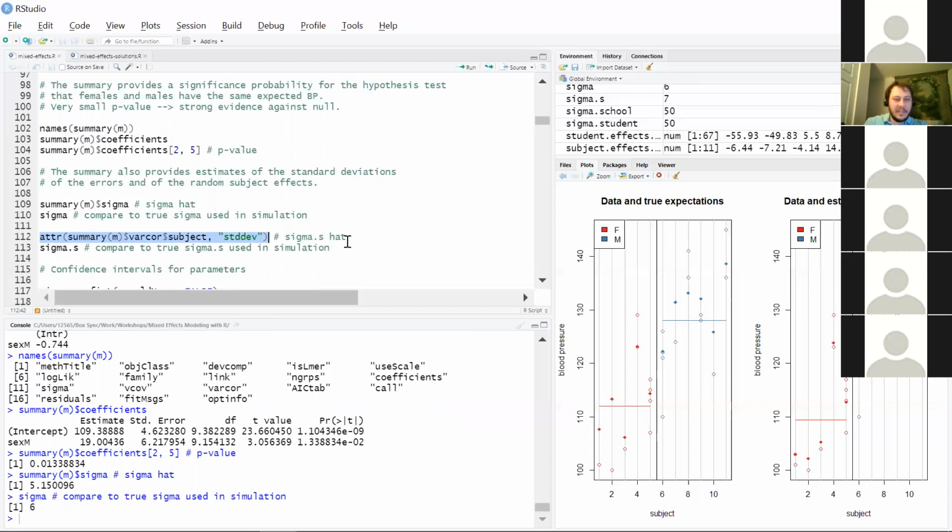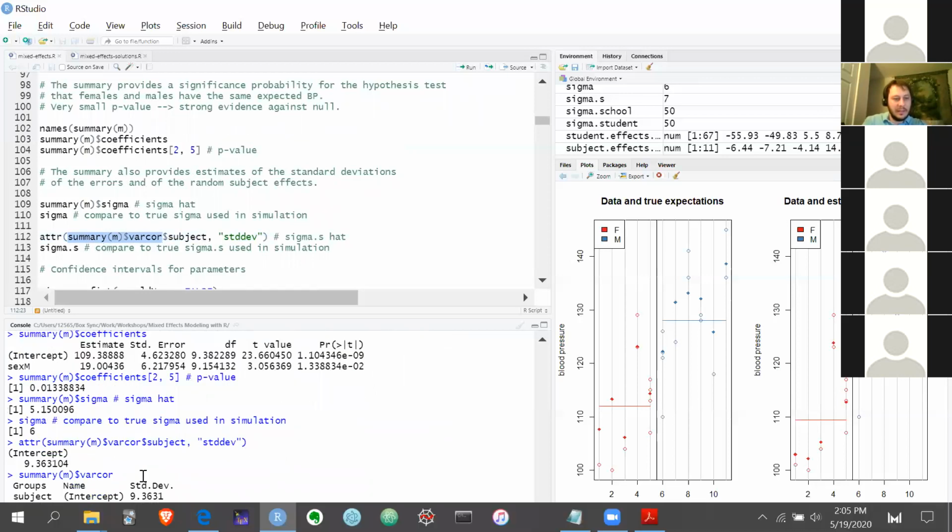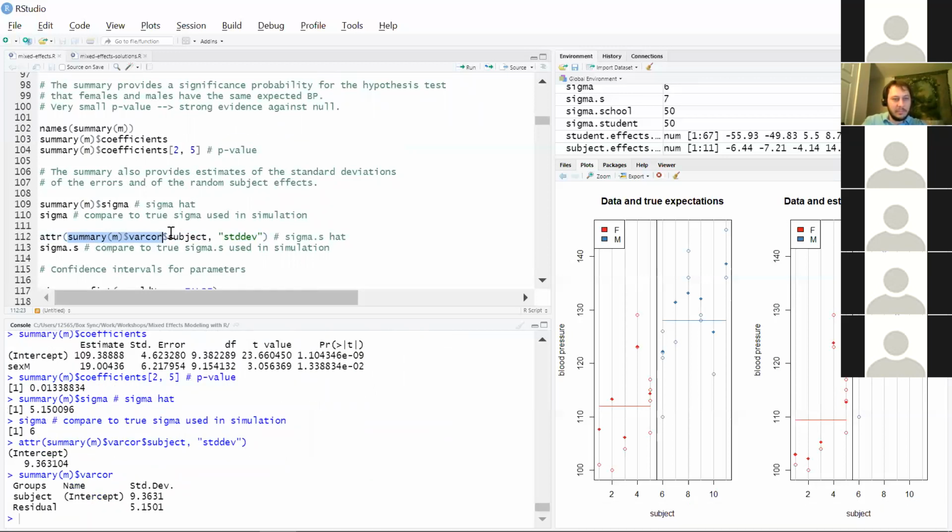But anyway, this will give you the estimate attribute of the summary object, $varcor $subject is what got it. And you can go step by step and say, okay, there's something called varcor. If you really want to figure out what exactly is happening here, you can ask what is summary M varcor? And you get this, and it looks pretty simple, but actually getting these numbers out of here is a little bit complicated as far as I can tell.